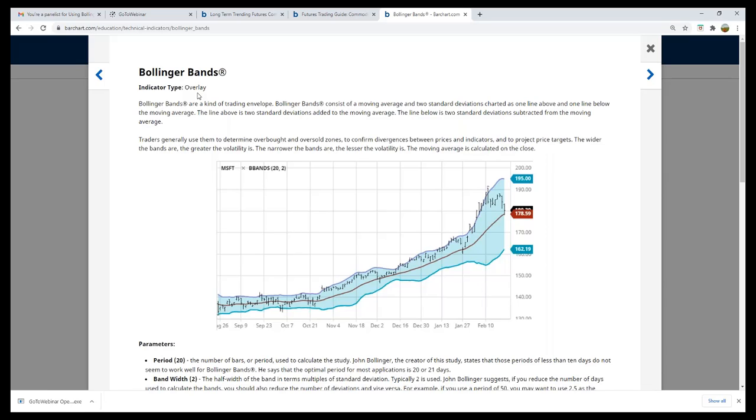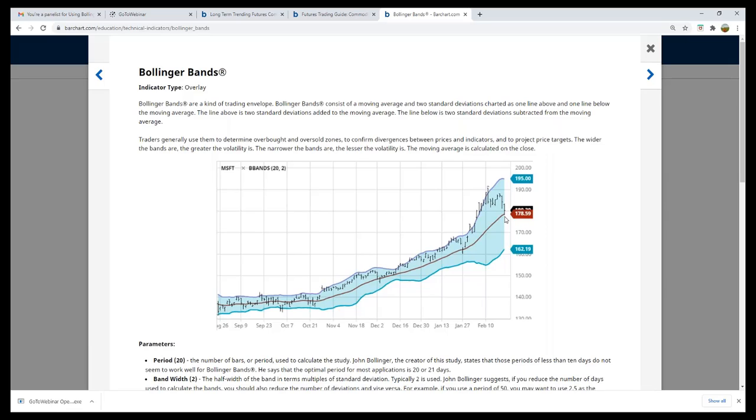And the indicators that work well with Bollinger Bands are momentum indicators. So remember, our 9-18 is kind of a momentum indicator. And Bollinger Bands consist of a moving average and 2 standard deviation lines, one above and one below the moving average. So the middle line is our moving average.